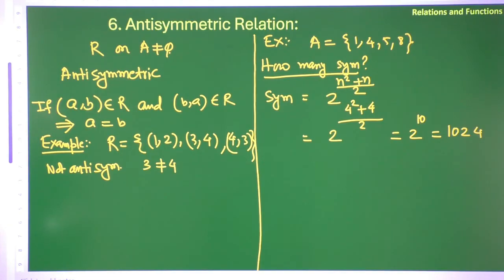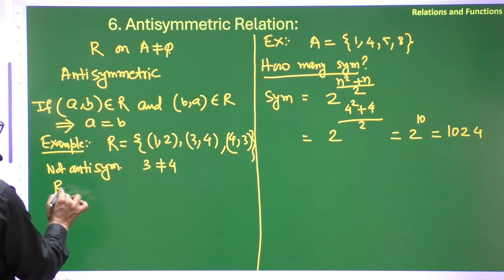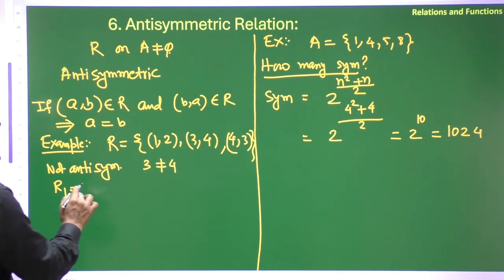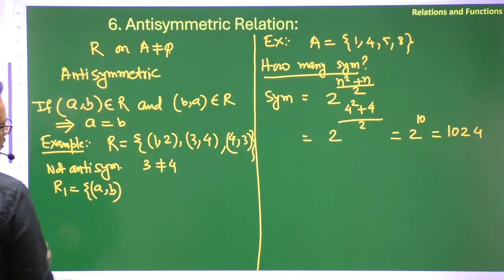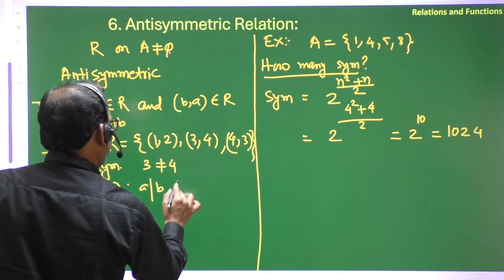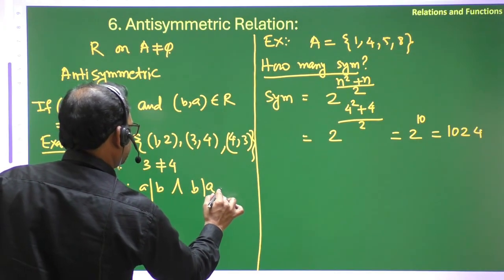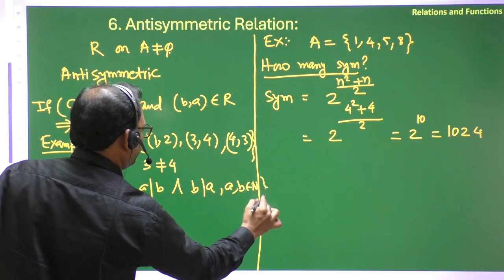So this is not antisymmetric. Take another example, call it R1. R1 is the relation, the set of all (a, b) such that a divides b and b divides a, where a, b belong to the natural numbers.